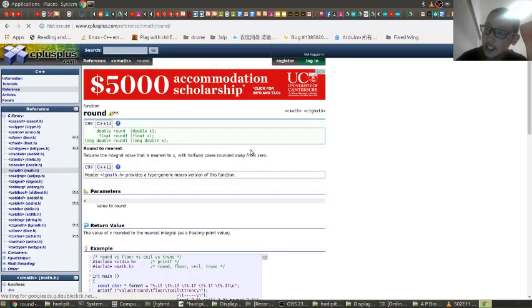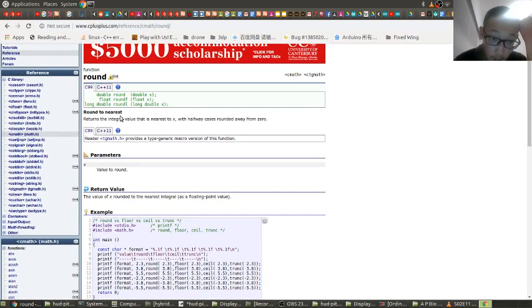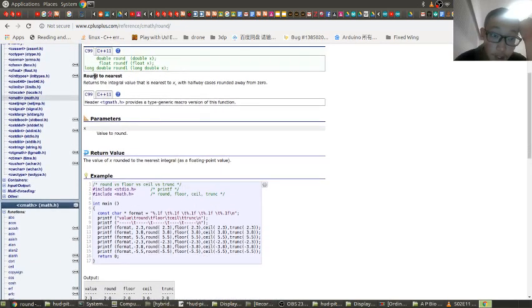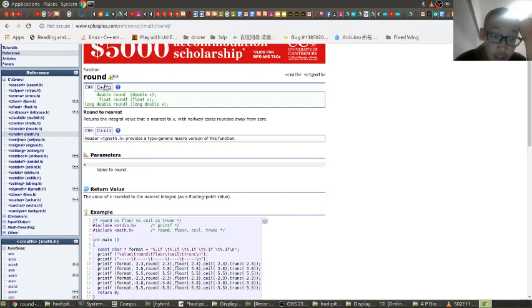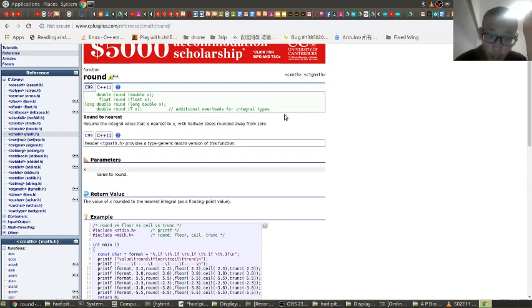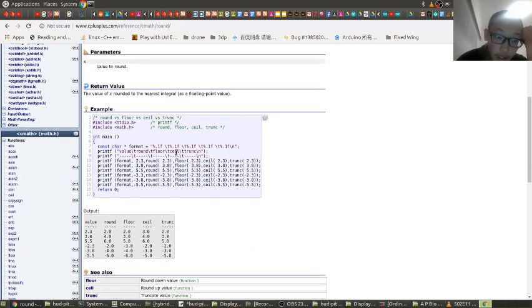Yeah, you see, then I get a result saying that int is not actually a function. So maybe we can get something like this. So double round, float round, and then round to nearest. Right, we're using C11, right? We're not using C99. It's a different thing. Yeah, value to round.